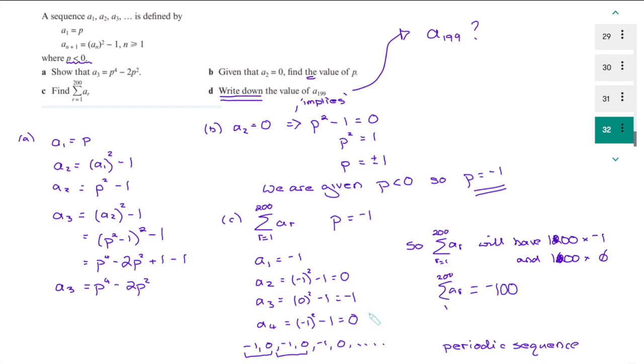All even terms are 0, and odd terms are -1. So A199, well, it's an odd term, so we can say A199 equals -1.